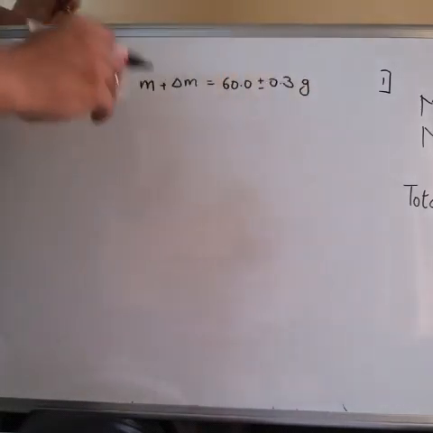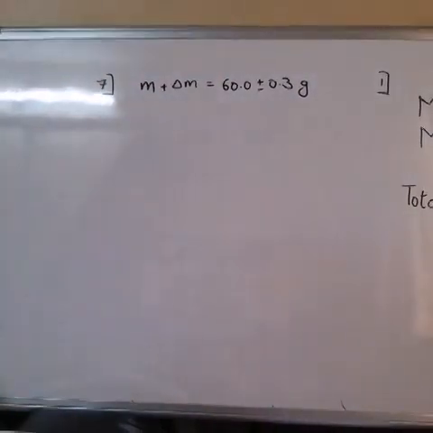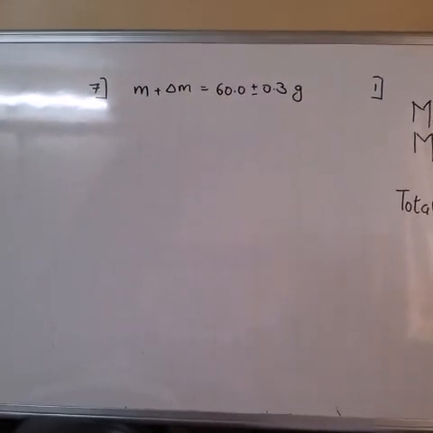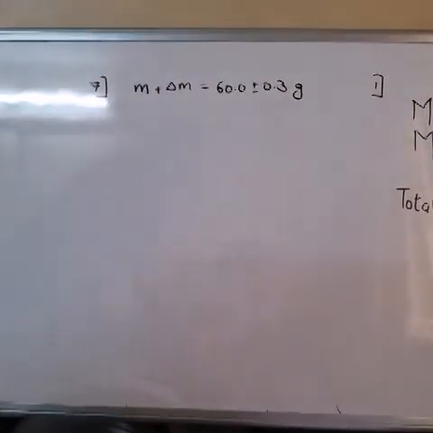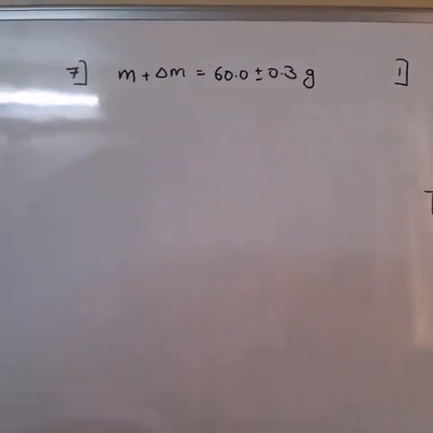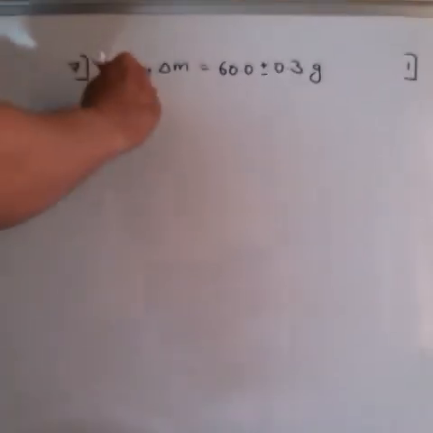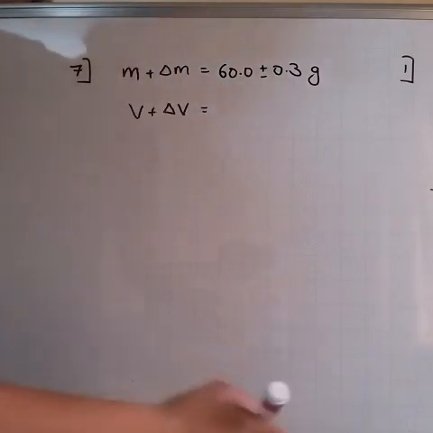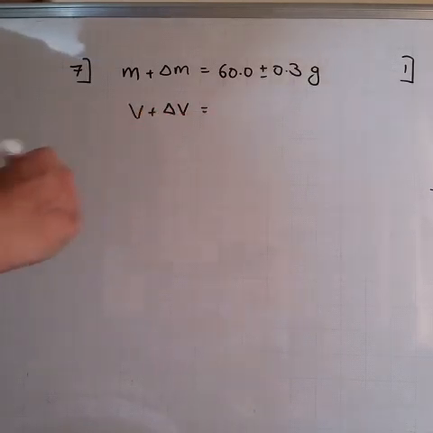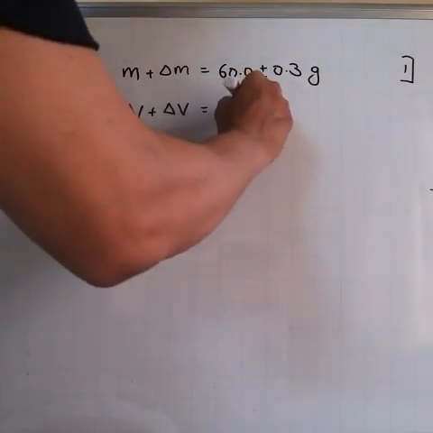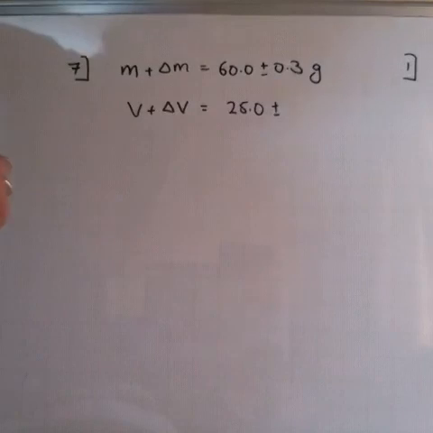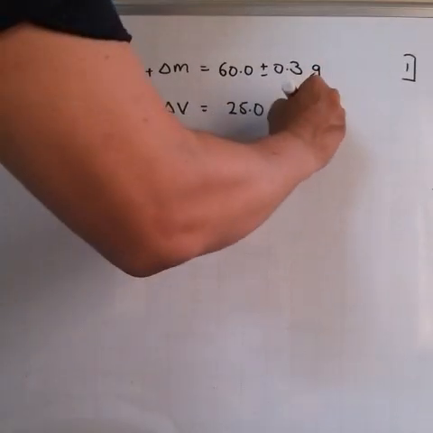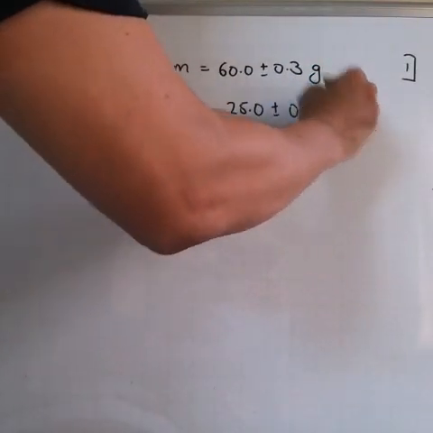gram. Okay, gram means it is definitely not CGS system. Then what else is given? The velocity is given, so I'll write v plus delta v is how much? 25 plus minus 0.1 centimeter per second.